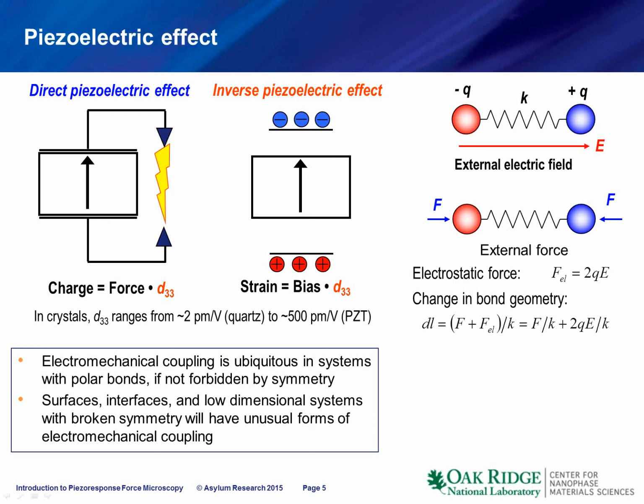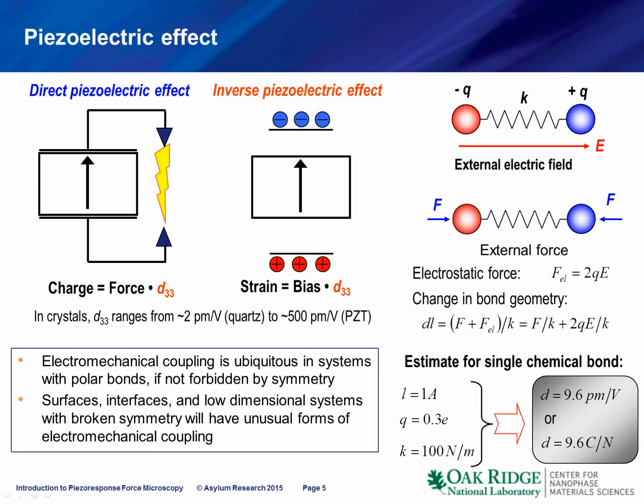If we put this molecule in the electric field, it will create a force acting between these two atoms. And then we can evaluate the change in the bond geometry based on the charges. And it turns out that estimate for a single chemical bond is about 10 picometers per volt, which compares very favorably to the piezoelectric coefficient, for example, of quartz.